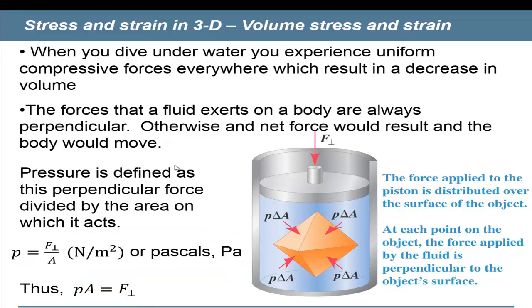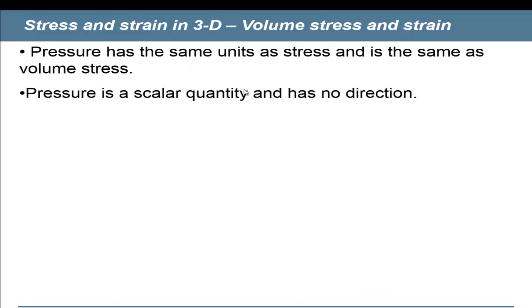Now you notice that the units of pressure are newtons per meter squared or pascals, and so we see that pressure has the same units as stress. And so actually pressure is the same thing as volume stress. So just like we had a tensile stress and a compressive stress, we now have a volume stress, which is actually called pressure.